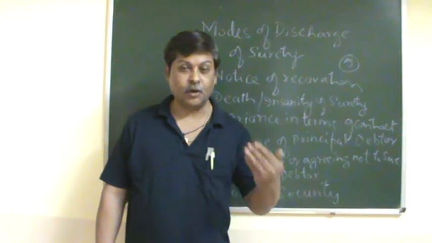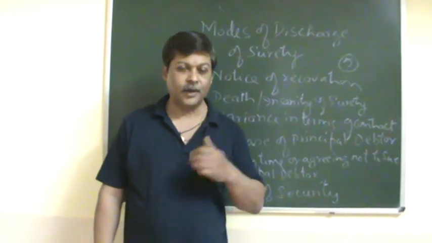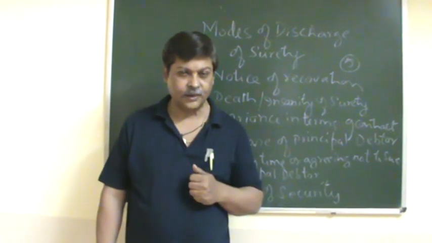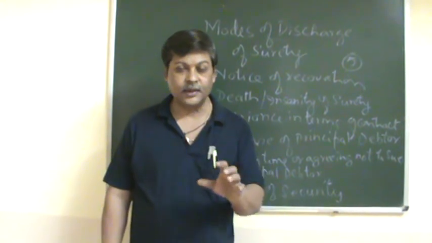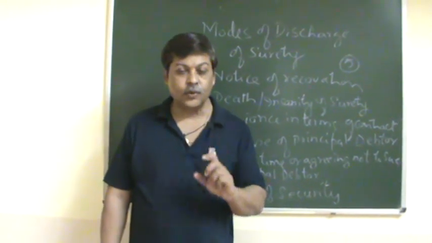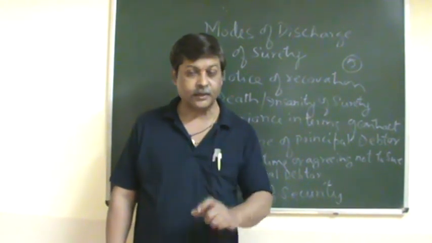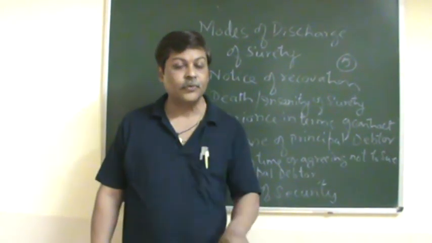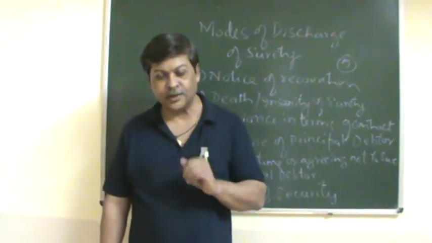In the morning we have studied about this in the rights. One of the rights is that if the surety discharges the liability to the creditor, he is entitled to those securities, if the creditor has taken additional securities from the principal debtor. Those should be given to the surety.